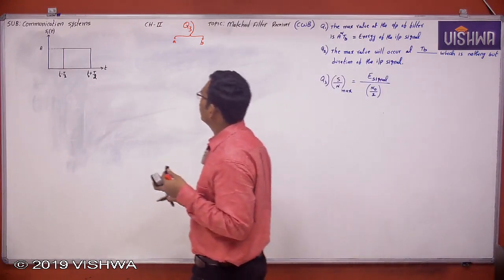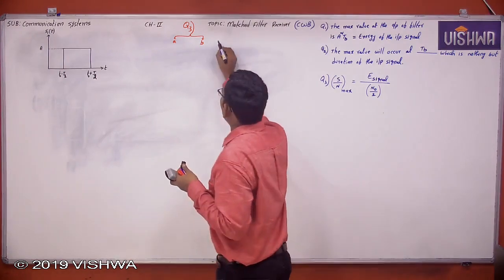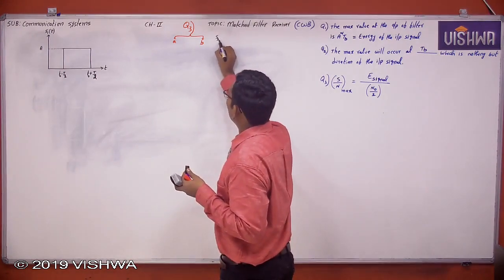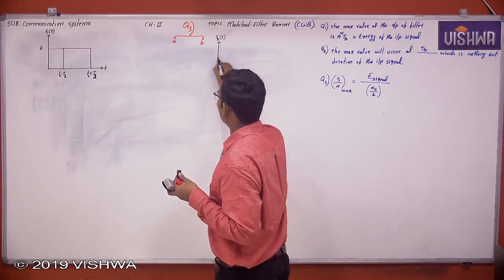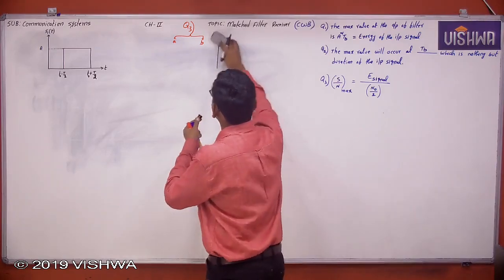Now this is the first signal which is applied to the matched filter 1. And this is the second signal which is applied to the other matched filter.